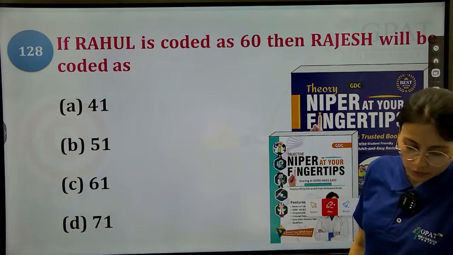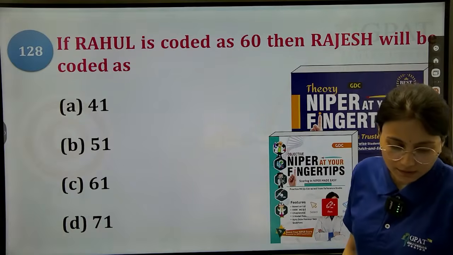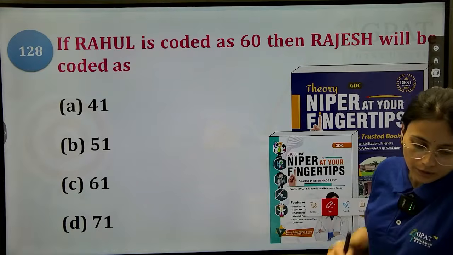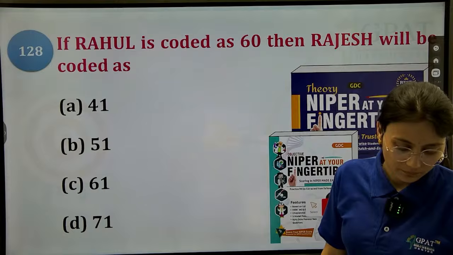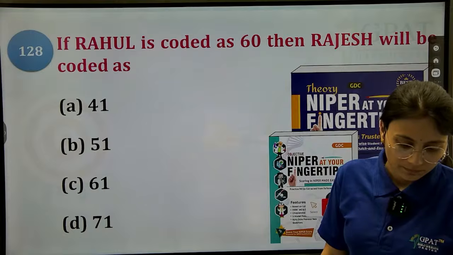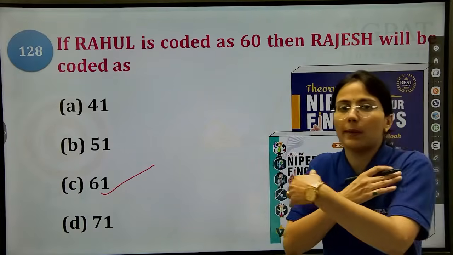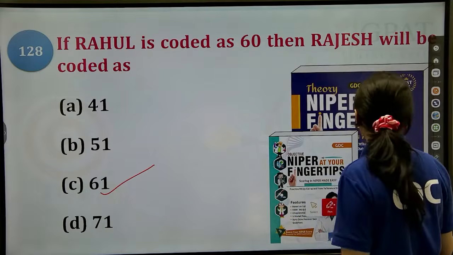So you will add and get your answer. Which option number is it? Anyone? That is 61. Option number C is correct. When you add all the alphabetical positions, you will get your answer, that is 61.